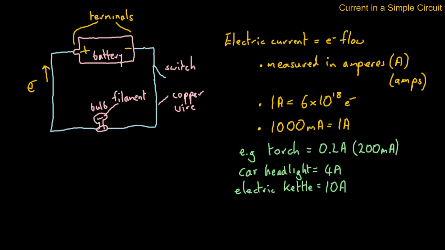Now, as you see here and here, I've actually drawn the battery and the bulb, but there are shortcuts to drawing these circuits. So let's take a look at the shortcuts, and we call these circuit symbols.